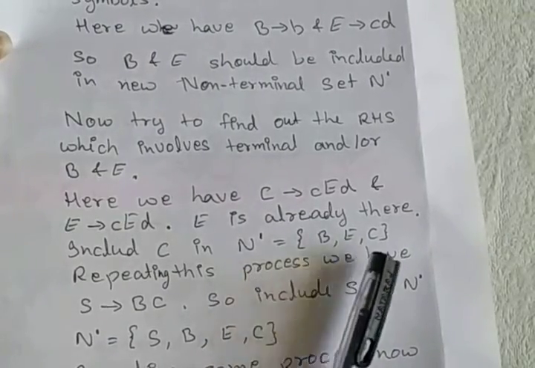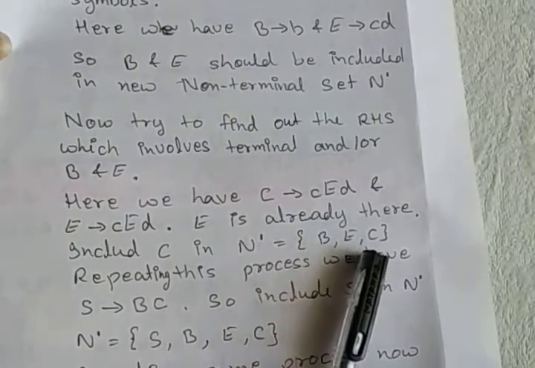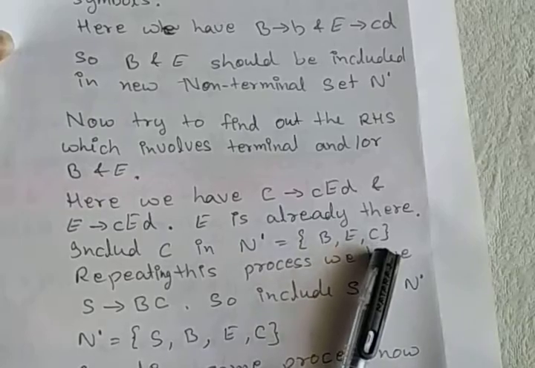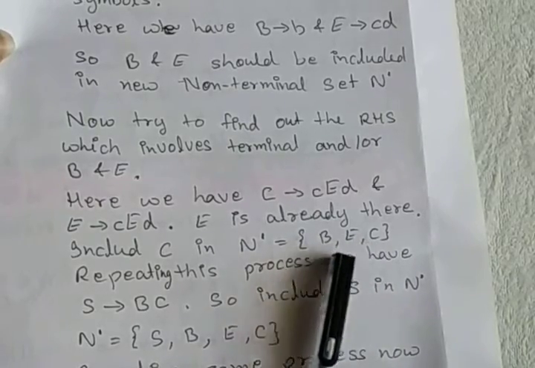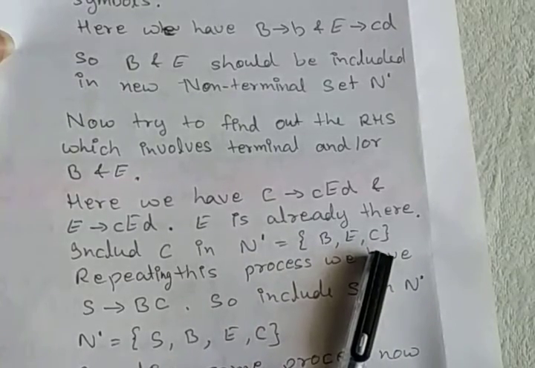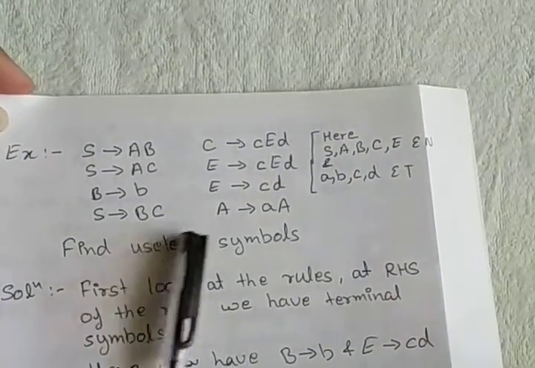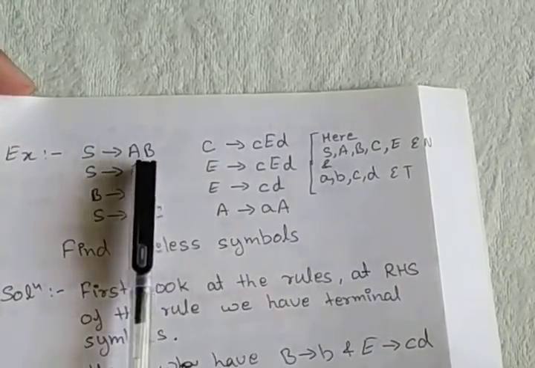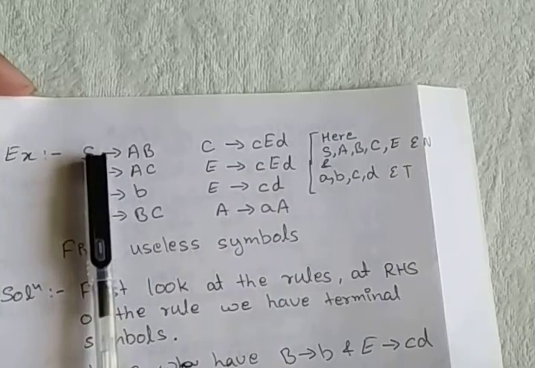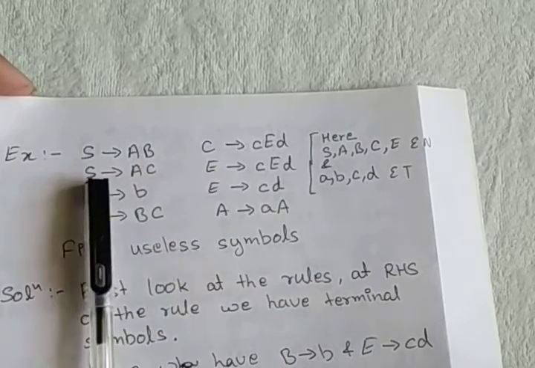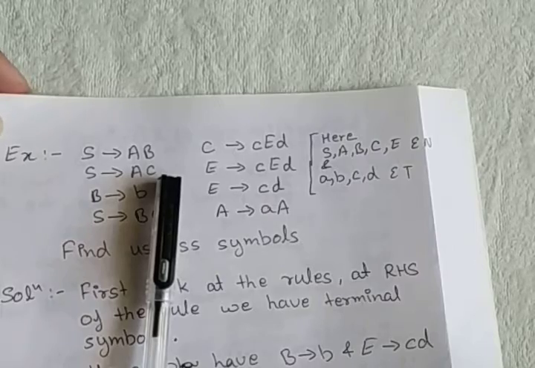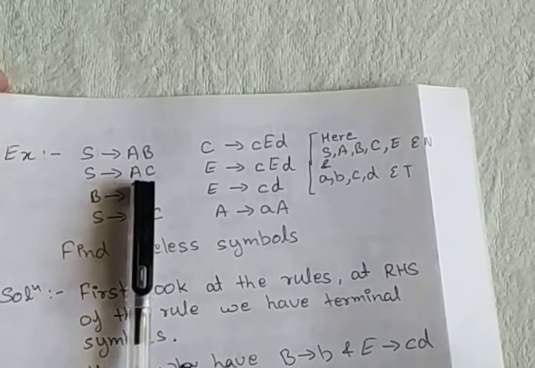Now again look at the rules where these symbols occur on the right hand side of the production rules. Now again check. Here we have B, this is A and C, which is already there in N'.